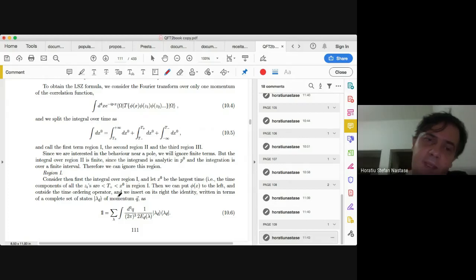The identity expanded over a complete set of states that I'll call lambda q with momentum q. This is a sum, but in particular for momentum it means an integral over momentum, and the sum over the corresponding lambdas, which means other kinds of variables than q. And of course, for relativistic invariance, I have to have 1/2 E_q of lambda.